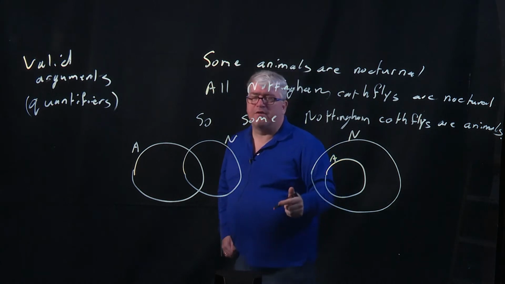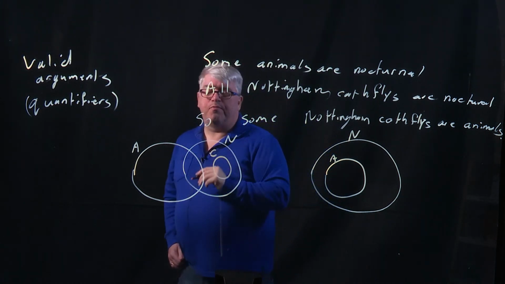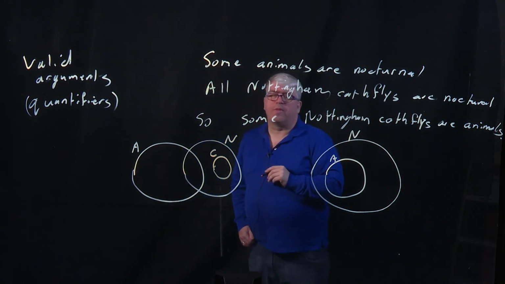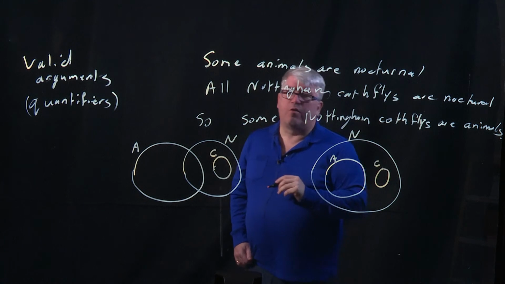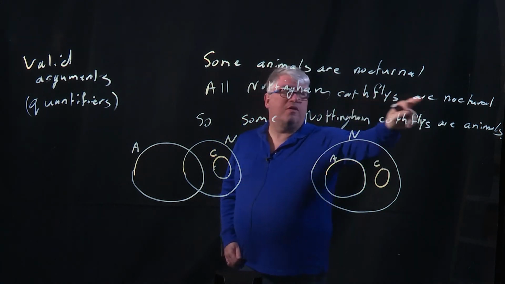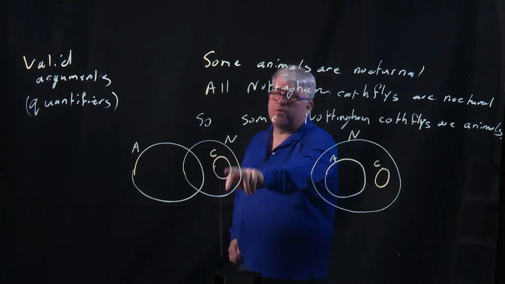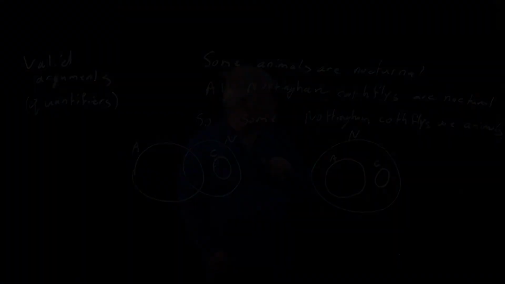I certainly can. I could draw the C right here. And in this picture, I could draw the C here. Either way, I have said everything in the C circle is in the N circle, and yet I've said this is not true.